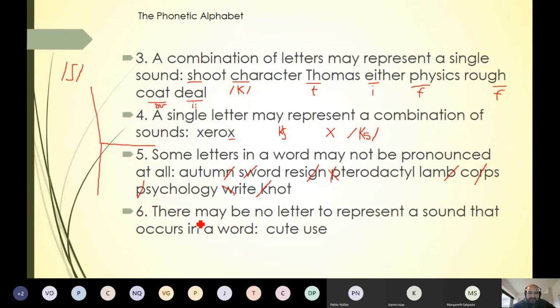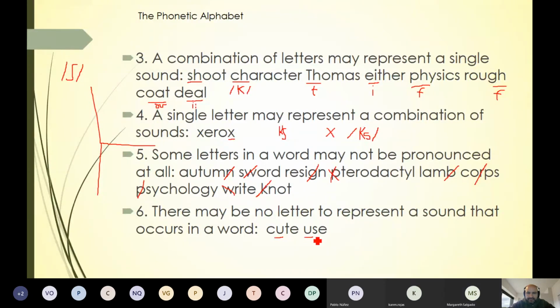And there may be no letter in F6. There may be no letter to represent a sound that occurs in a word. Use. Which is a sound that is not here, or the letter that is not here to represent a sound?